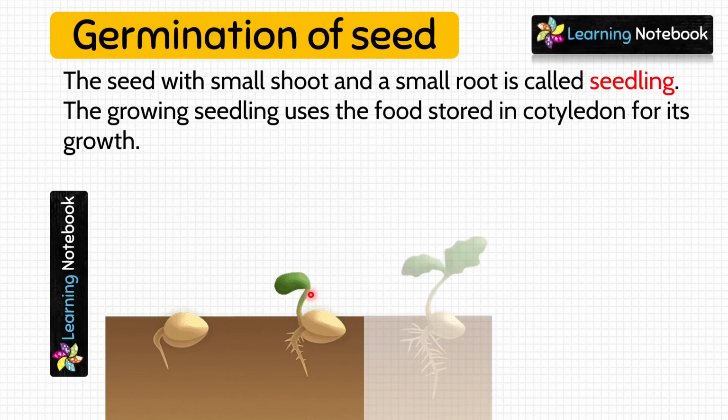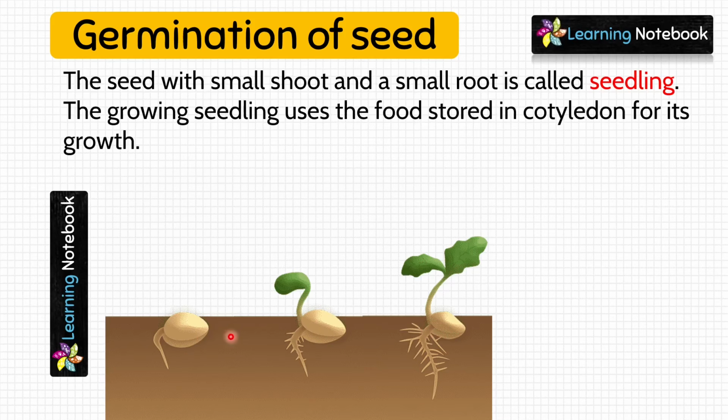Now see in the next picture, the shoot is growing as well as the root is growing. And how are they growing? They are growing with the help of food stored in the cotyledon. Also students, do observe, as the food is getting used up from the cotyledon, the size of the cotyledon is decreasing, right?